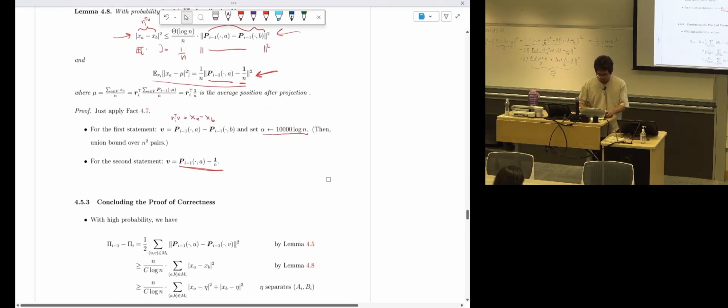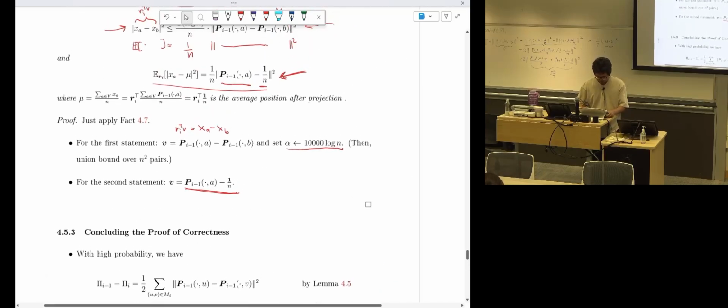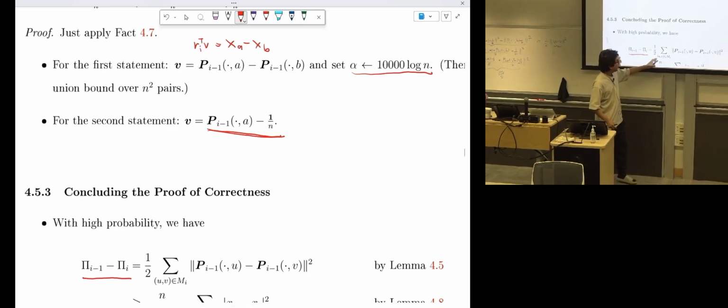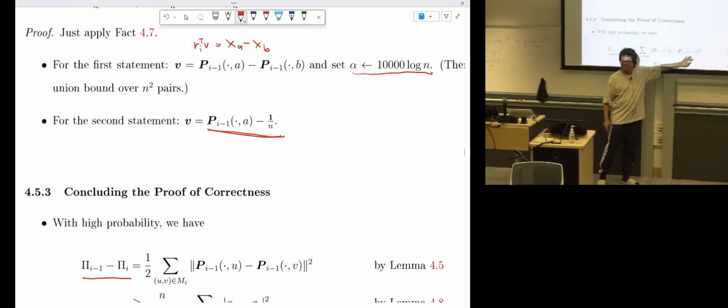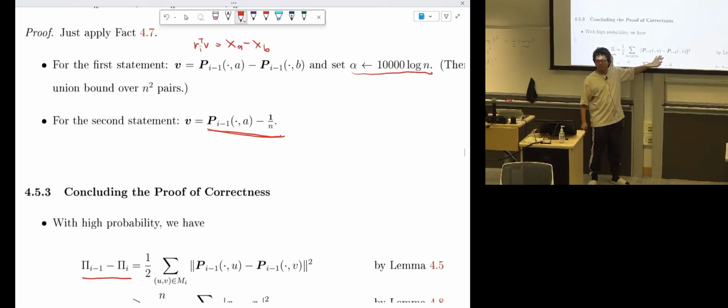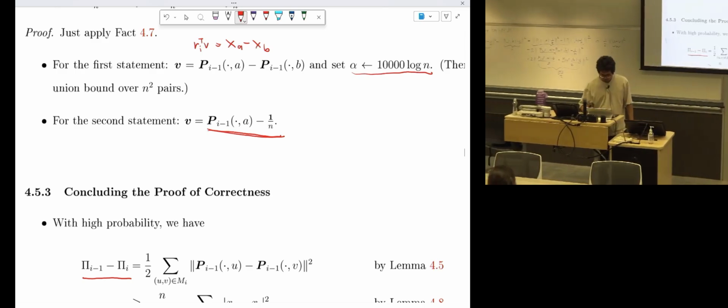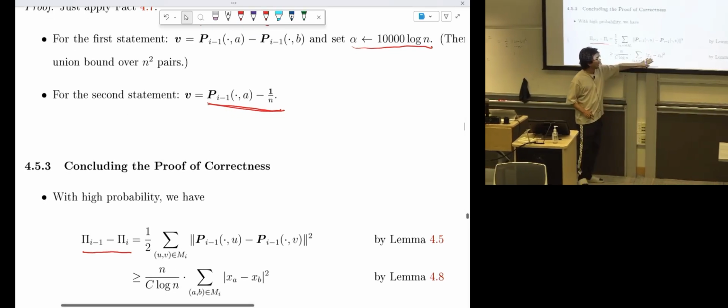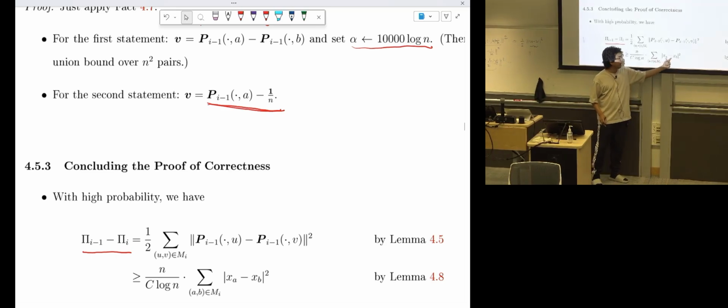Okay. So now we are ready to do everything. Let's now analyze how the potential changes. We have seen that the potential change is exactly this thing, summing over the matching, the distance square between the two endpoints of the matching edge. But this is going to be basically something like this: the distance square after projecting, but with some scaling.